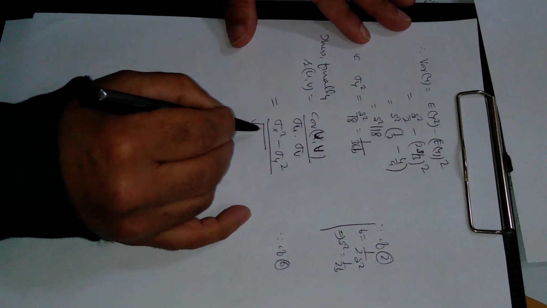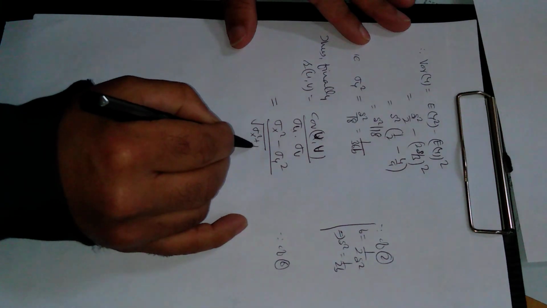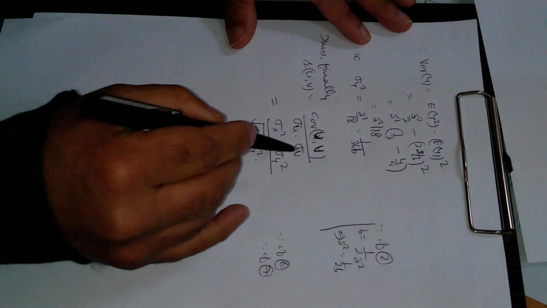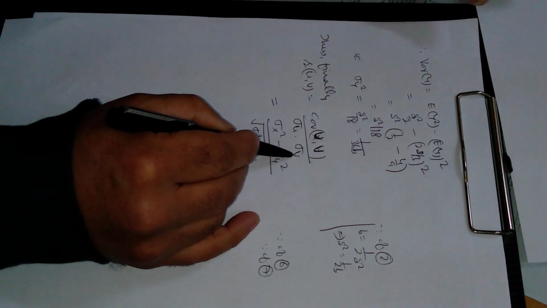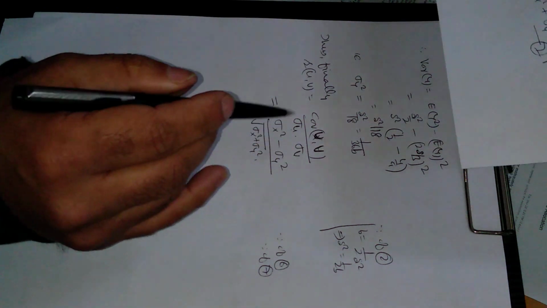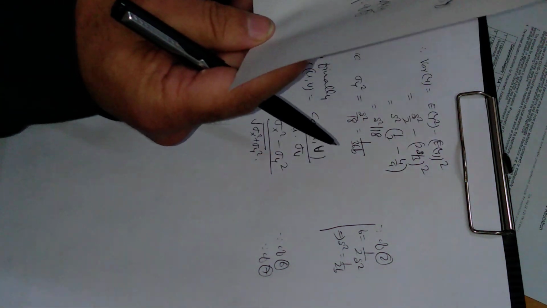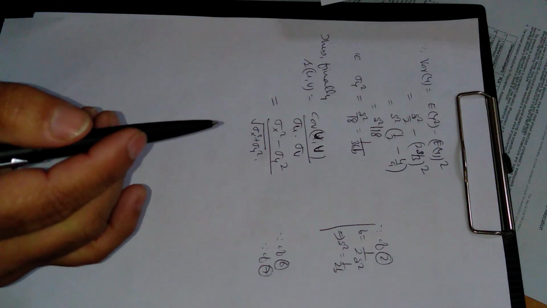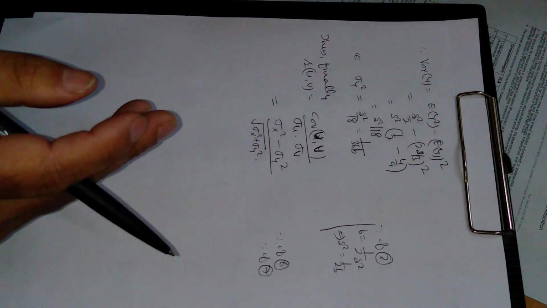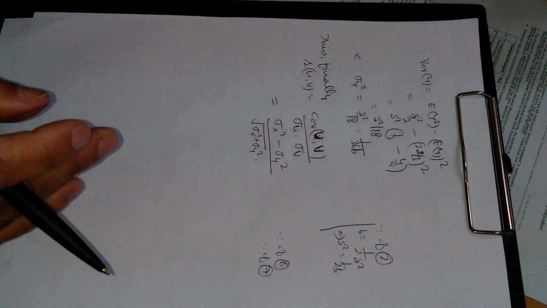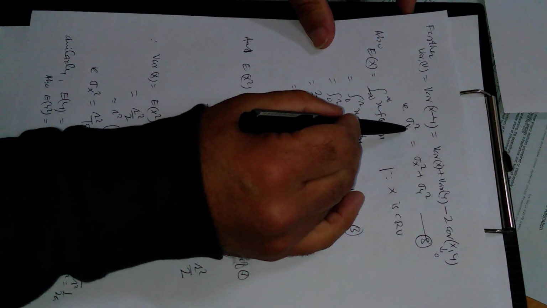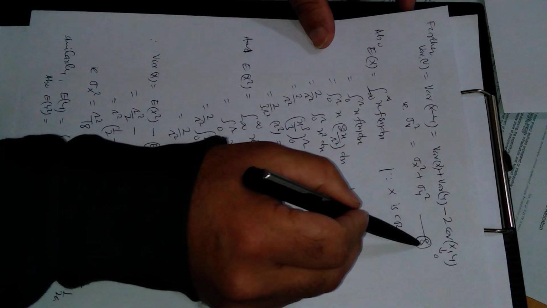This will be square root of sigma x square plus sigma y square, because of equation 7, into standard deviation with respect to b. Variance with respect to b, you can see here, is sigma x square plus sigma y square, because of equation 8.